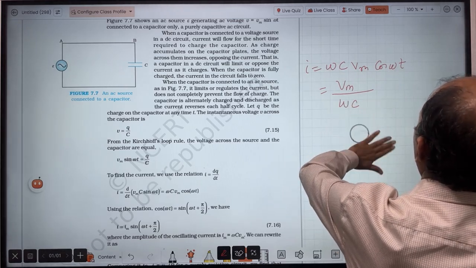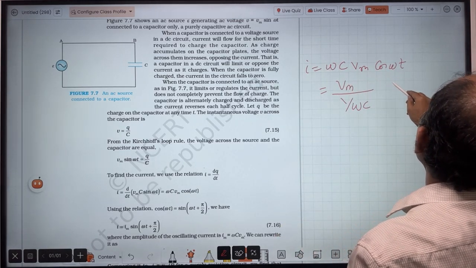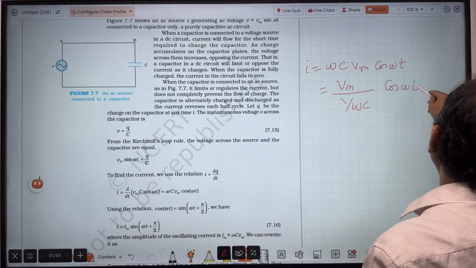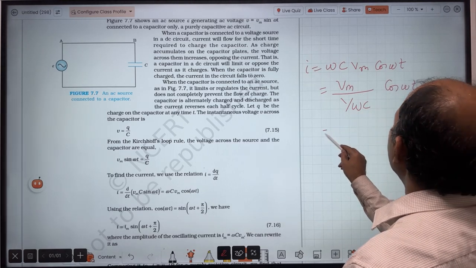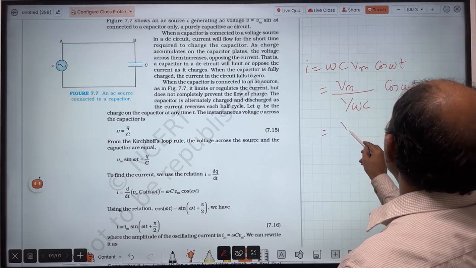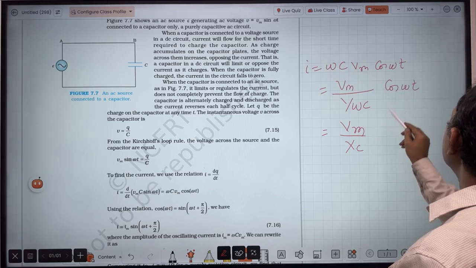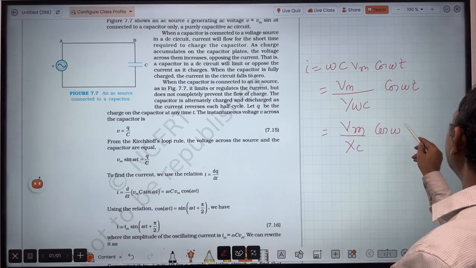No. Here you have to write it as Vm divided by 1 upon omega C, and then cos omega t. This term 1 upon omega C can be written as capacitive reactance, denoted as XC, and then cos omega t.